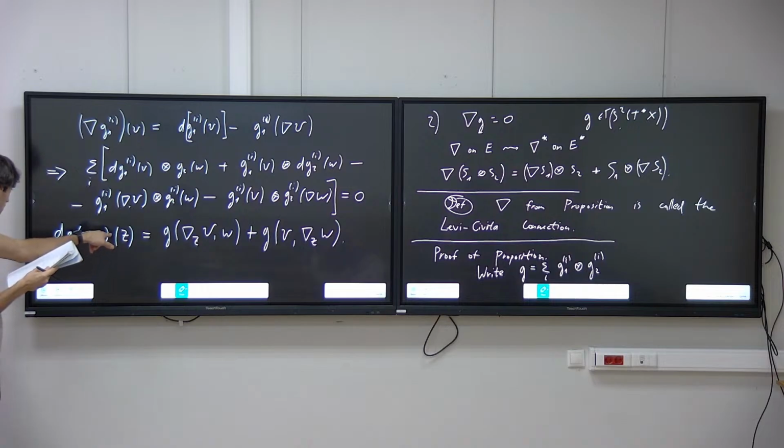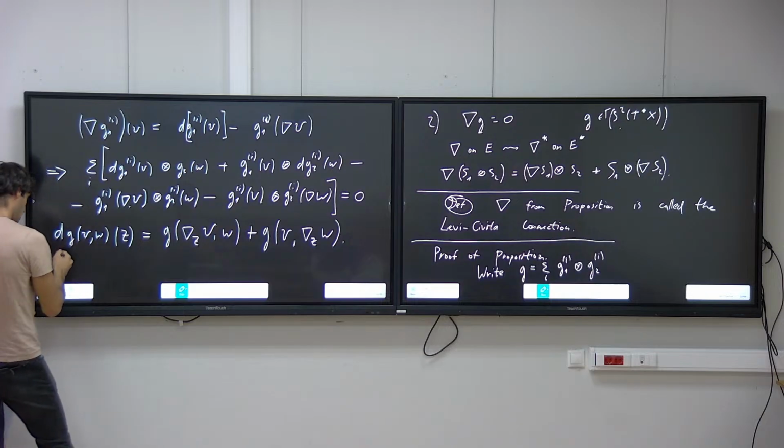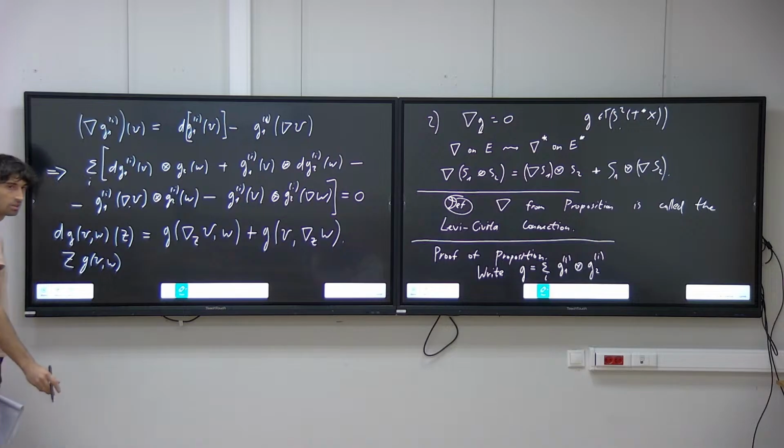It means that I take vector field z and apply it to function gvw, right? That's just what the differential of a function is. So this is taking a vector field, which is differentiation, and applying it to gvw. That's what's written on the left.